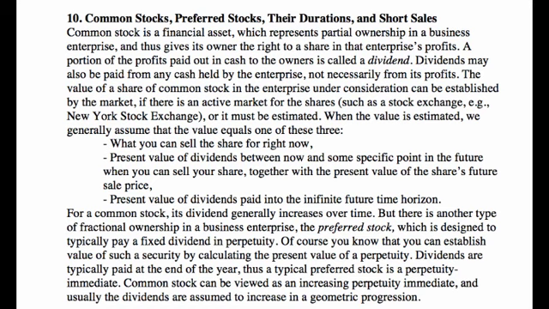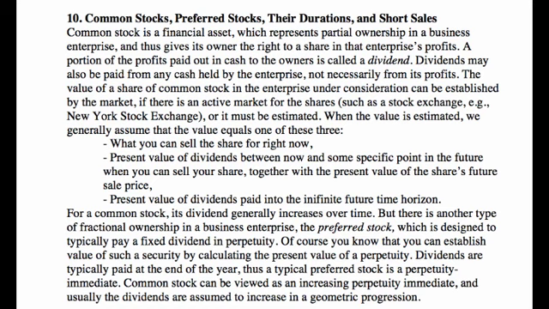When it's estimated, we generally assume that the value equals one of these things: either what you can sell the share for right now, so the market again; or the present value of dividends between now and some specific point in the future when you can sell your share, together with the present value of the share's future sale price; or the present value of dividends paid into the infinite future time horizon.